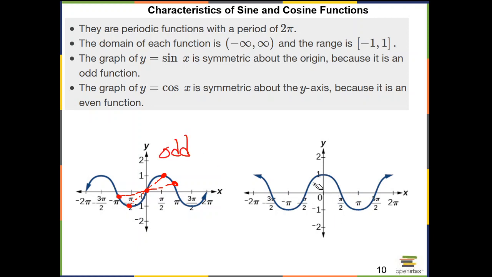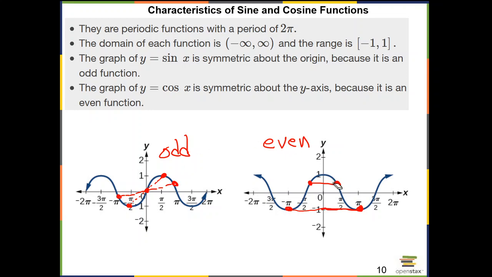The cosine function is an even function because it's symmetric with respect to the y-axis. Every point has a friend on the other side. If you draw a perpendicular to the y-axis and go to the other side the same distance, you find a point on the graph, and that is true for every point. So we say that cosine is an even function and sine is an odd function.